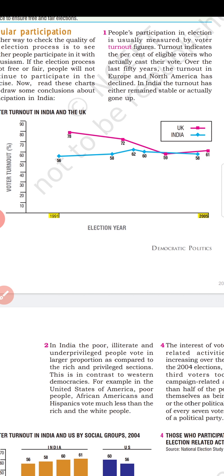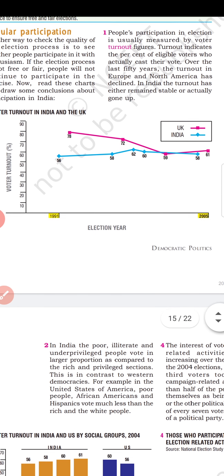But over the period of time, especially in the 21st century, the people's participation has increased in India in comparison to the Western countries or developed countries. So there are various reasons for it. We will discuss one by one.